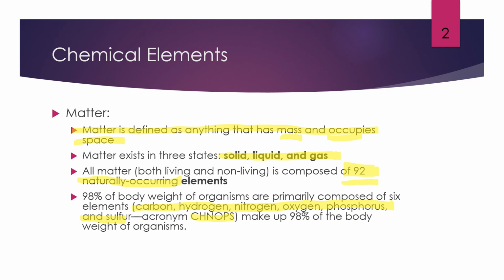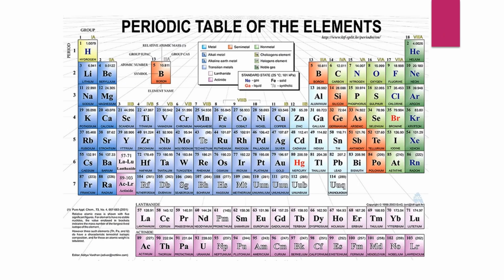All living things, not just humans, but anything composed of cells, have those 6 primary elements. The reason they're the major ones is because the big macromolecules, and water, are composed of those elements, so that's why they are the major component of living things.